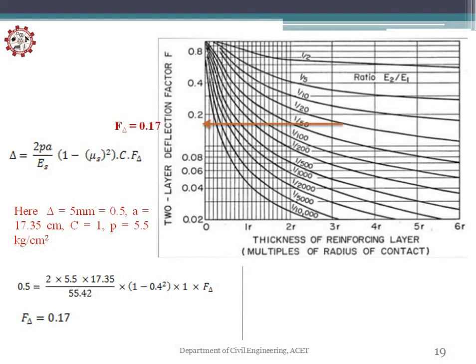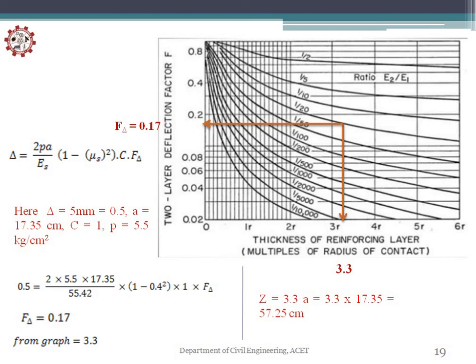After getting this value as 0.17, draw this line 0.17 on the 1 by 20 curve which we have taken from case number 2, and project it on the layer thickness, which is coming to you as 3.3. So from here you will take the value Z equals 3.3A, that will be 3.3 into 17.35, which is coming to you as 57.25 centimeter.